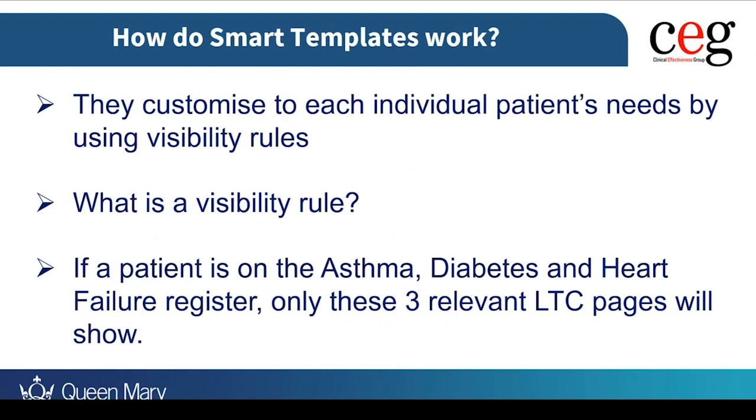So how do smart templates work? Well, they customize to each individual patient that you have in front of you. And that's because in the background, it's using visibility rules. And you ask, what is a visibility rule?